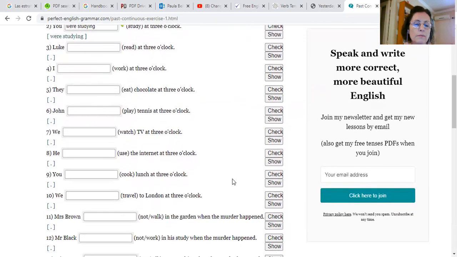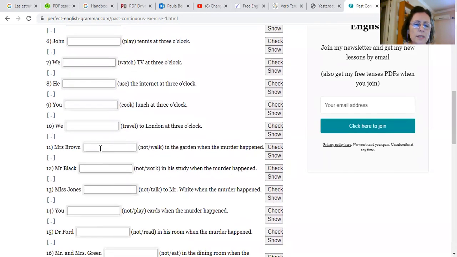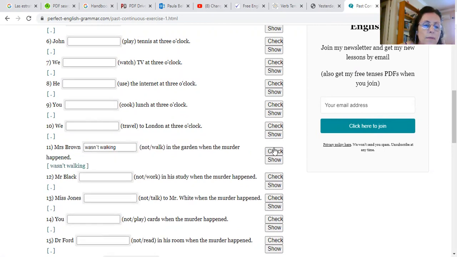Remember, you will have some changes. Negative. Mrs. Brown wasn't working. Wasn't, was not working. Was not walking or wasn't. Was not working. So wasn't. Excellent. Why?